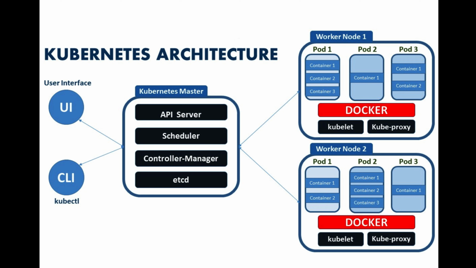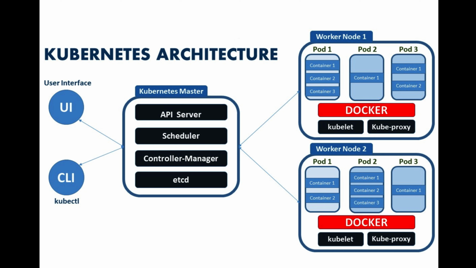So the controller manager will make sure that 3 containers always run on that Kubernetes cluster. And if a container fails, it will just bring up a container in any worker node and schedule it to a pod. So that way our application is up and running all the time, and we don't have to worry too much about that part.